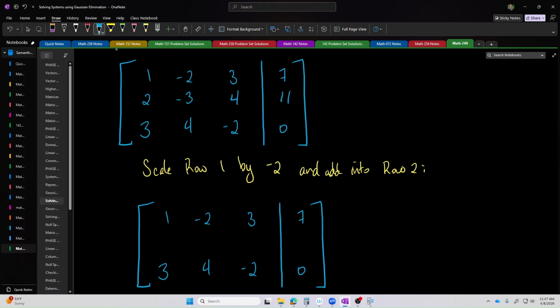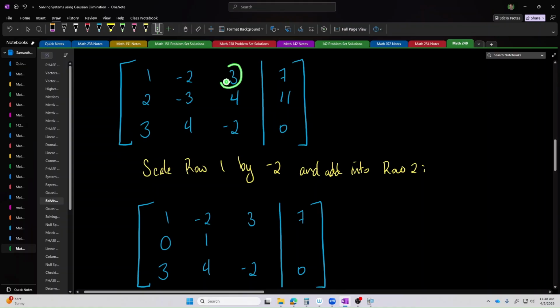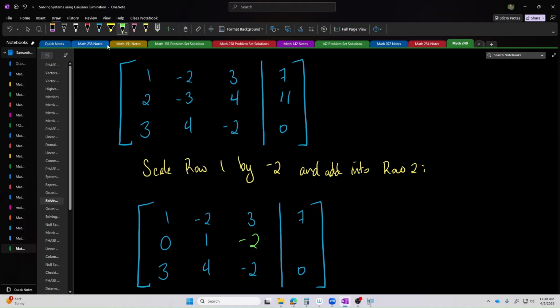That gives me 0 in that position as desired. Then -2 times -2, that's +4. +4 plus -3 gives me +1. Then the third column, 3 times -2 is -6. -6 plus 4 gives me -2. Then 7 times -2 is negative 14. Negative 14 plus 11 is negative 3.